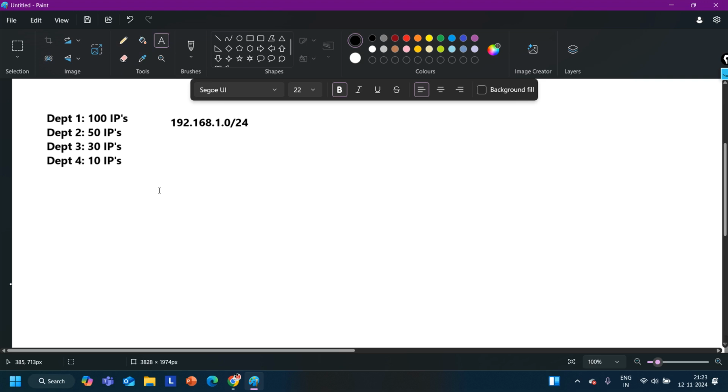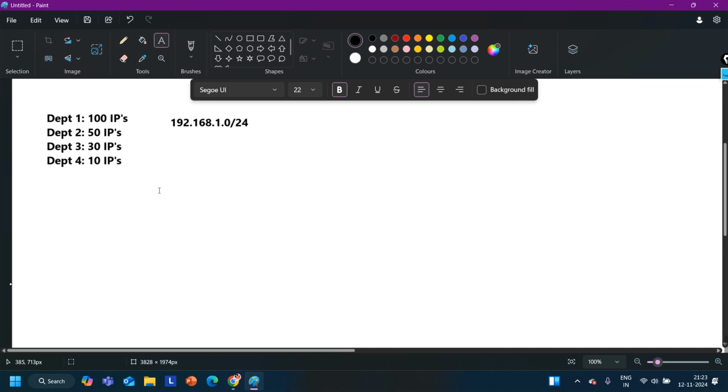And you can see my order is already arranged in descending order, right? The maximum number of IP addresses is required in department 1. So I put department 1 on top, means first of all I am going to perform FLSM, fixed length subnet masking.